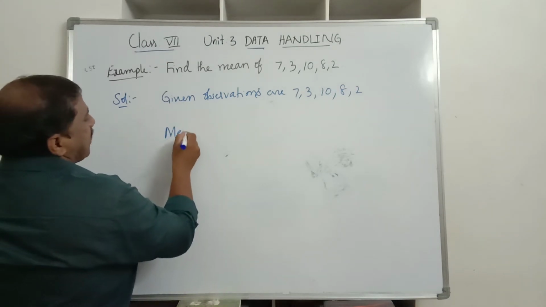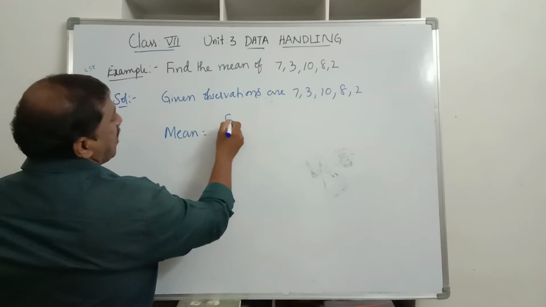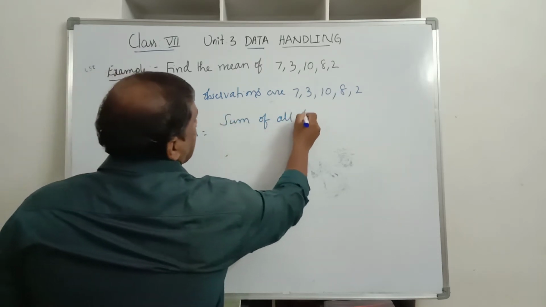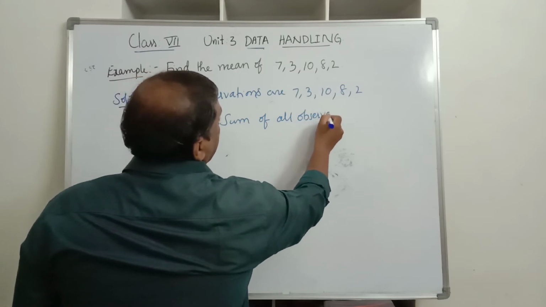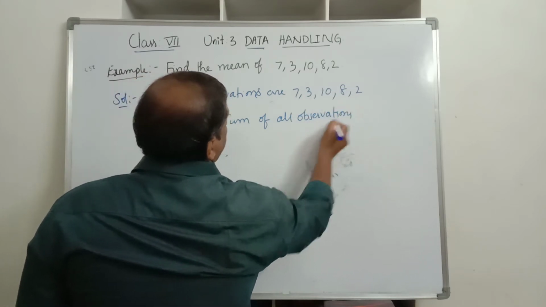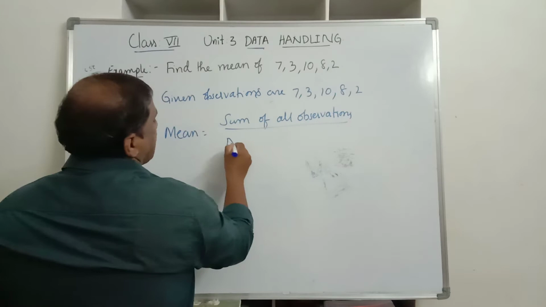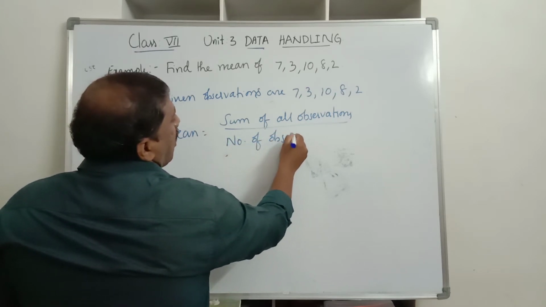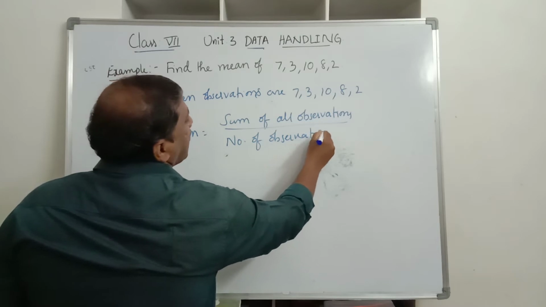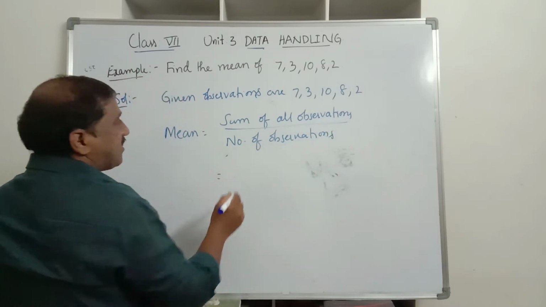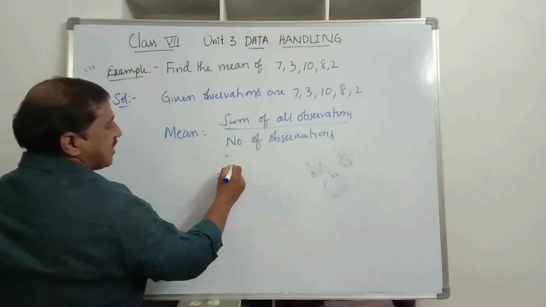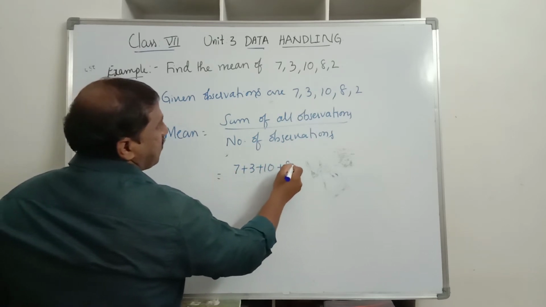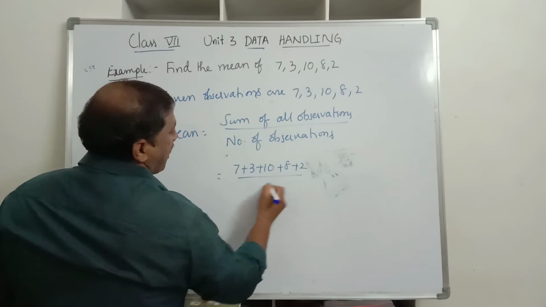Now mean is equal to, what is the formula? Sum of all observations divided by number of observations. Here there are 5 observations. Now add all the observations: 7 plus 3 plus 10 plus 8 plus 2, divided by 5.